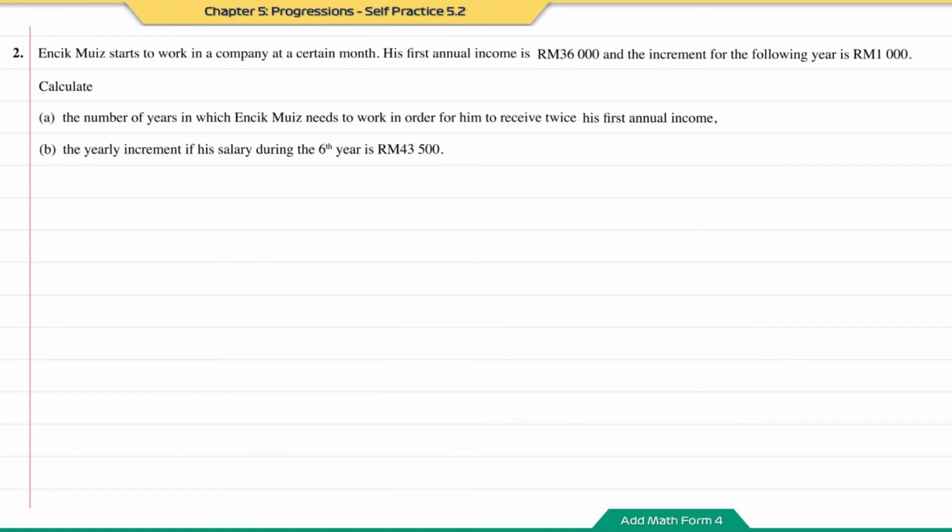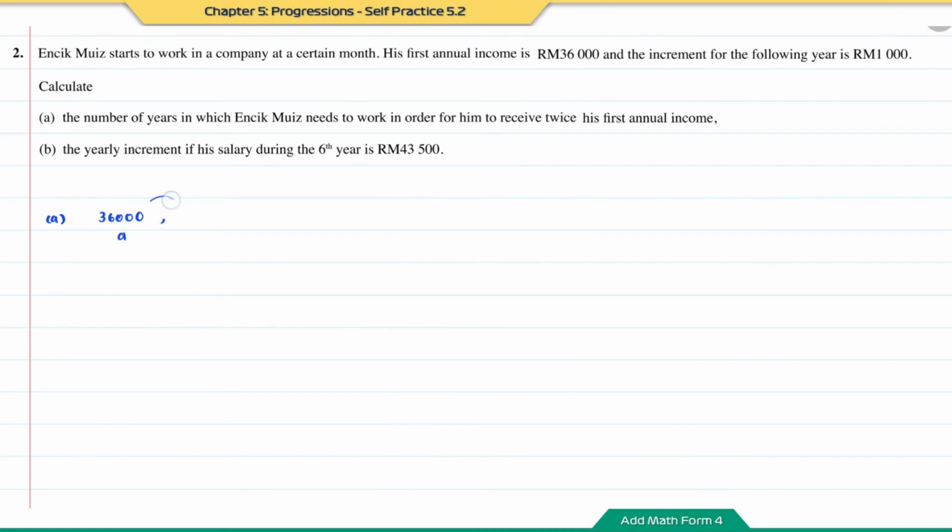Question number 2. Encik Muiz starts to work in a company at a certain month. His first annual income is RM36,000 and the increment for the following year is RM1,000. Calculate A, the number of years Encik Muiz needs to work in order to receive twice his first annual income. For question A, the annual income forms an arithmetic progression. The first annual income, 36,000, is the first term, a.